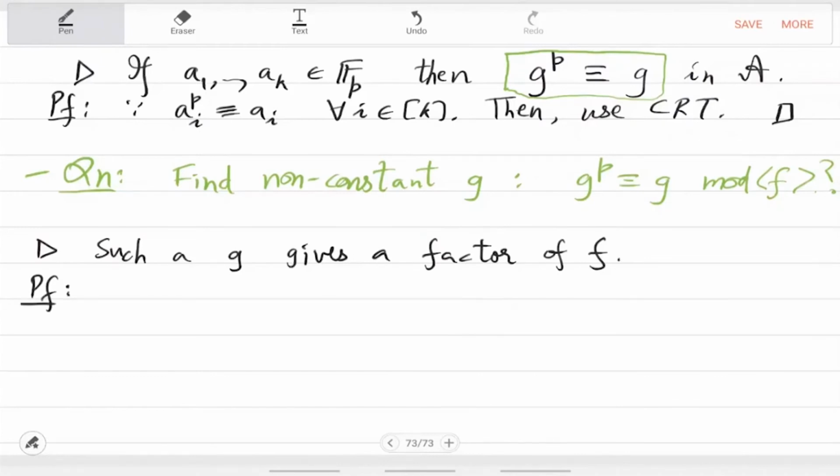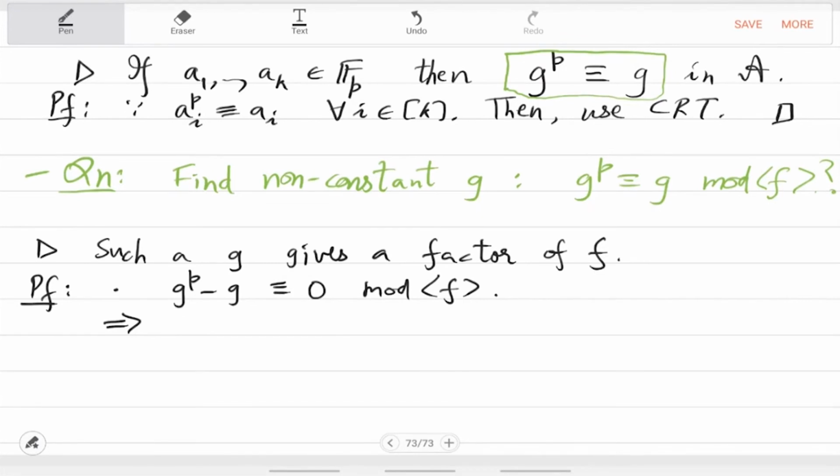So what you have is g raised to p minus g is 0 mod f. Can you factorize g raised to p minus g? What is the factorization expression? Just some expression.